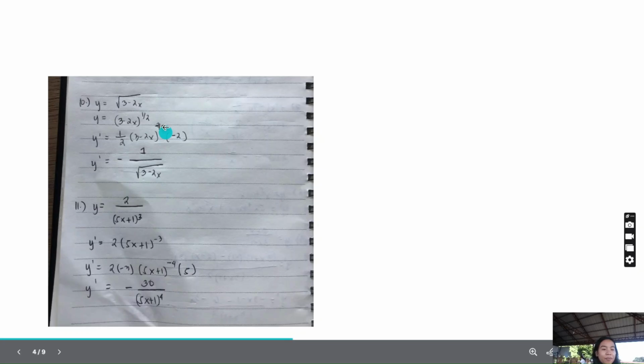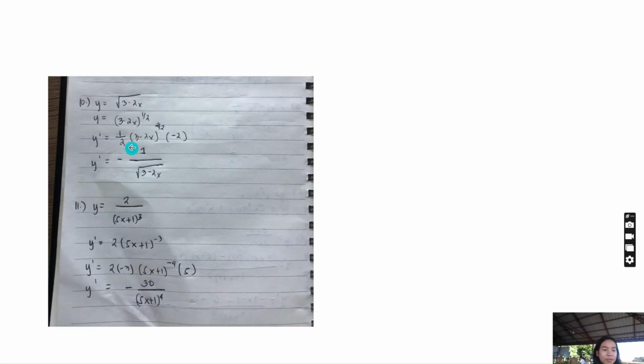Now for number 10, we are given y equals the square root of 3 minus 2x. So we can rewrite the square root of 3 minus 2x into 3 minus 2x to the power of 1 half. And then we will apply the chain rule for this. We will bring down 1 half. Then we will copy the inner function, and then 1 half minus 1 by applying the power rule, that would be negative 1 half, and then we will obtain the inner function's derivative, which is negative 2.